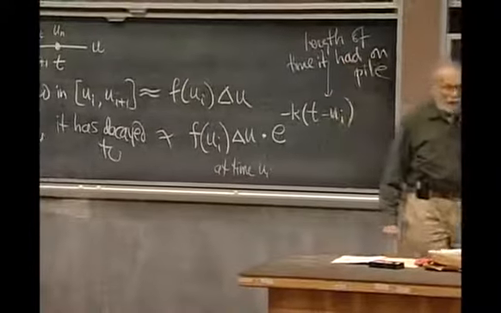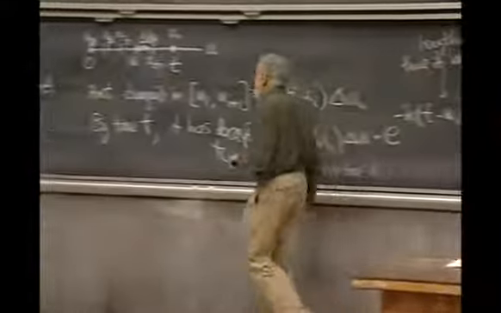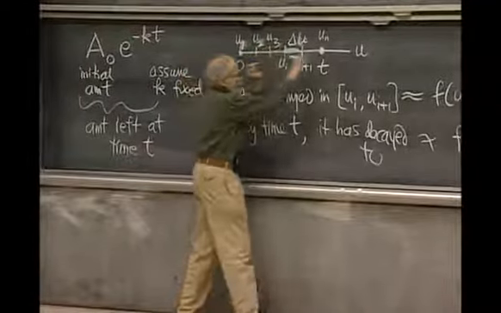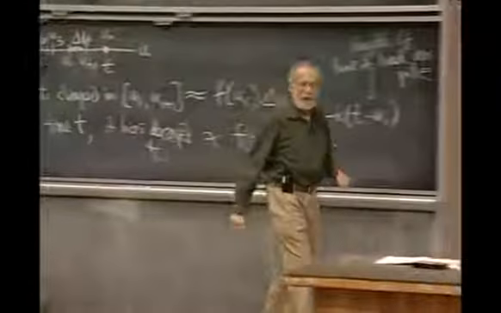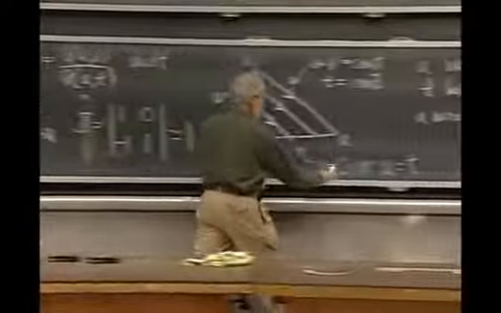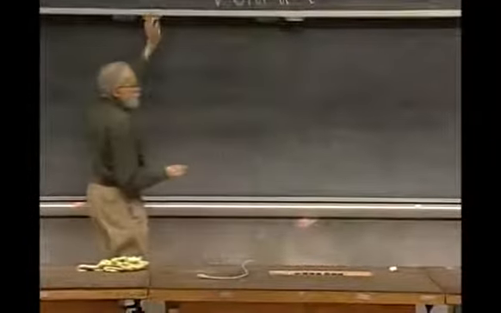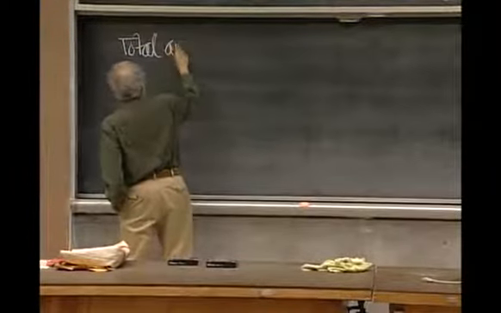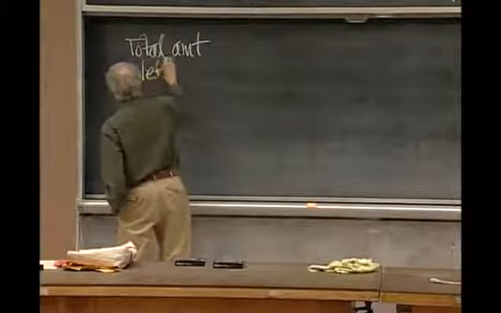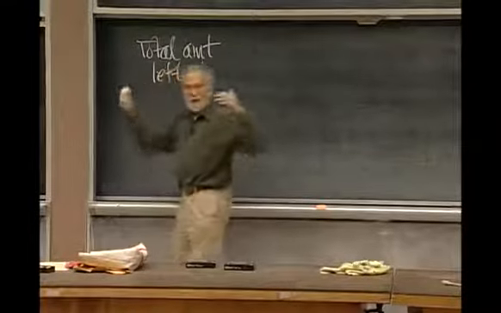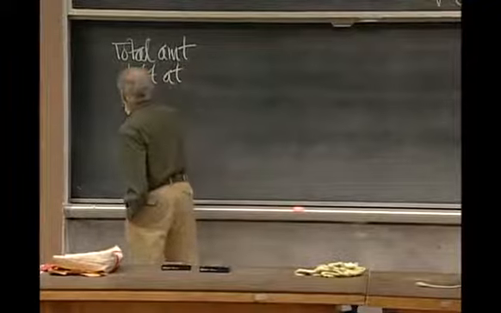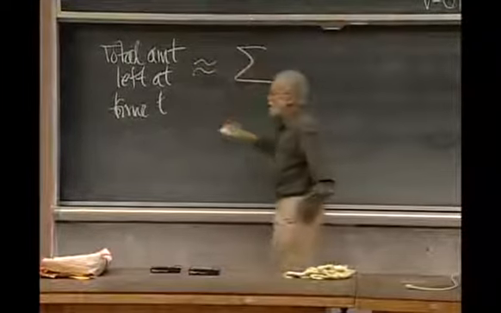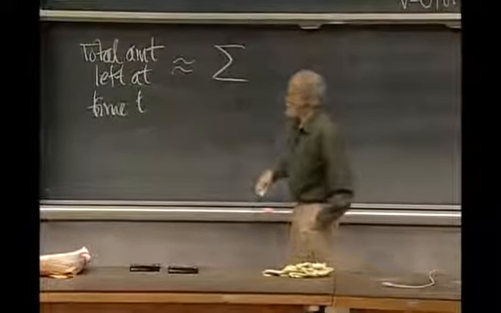And now all I have to do is add up that quantity for the stuff that was dumped in this time interval, plus the stuff dumped then, plus and so on, all the way up to the stuff that was dumped yesterday. The total amount left at time t that is not yet decayed will be approximately, you add up the amount coming from the first time interval plus the amount coming from the next, and so on.